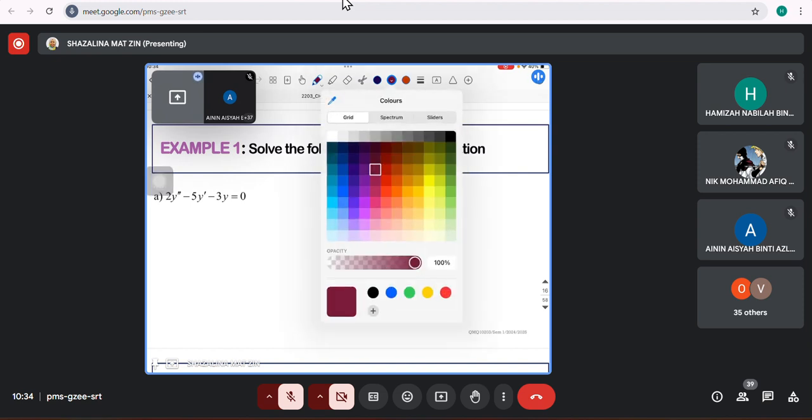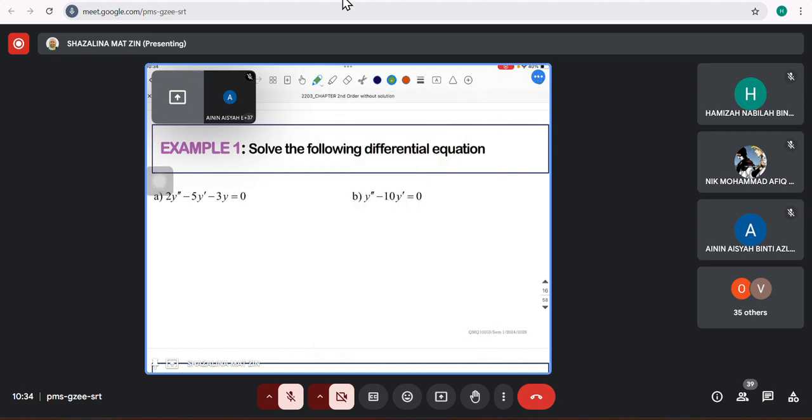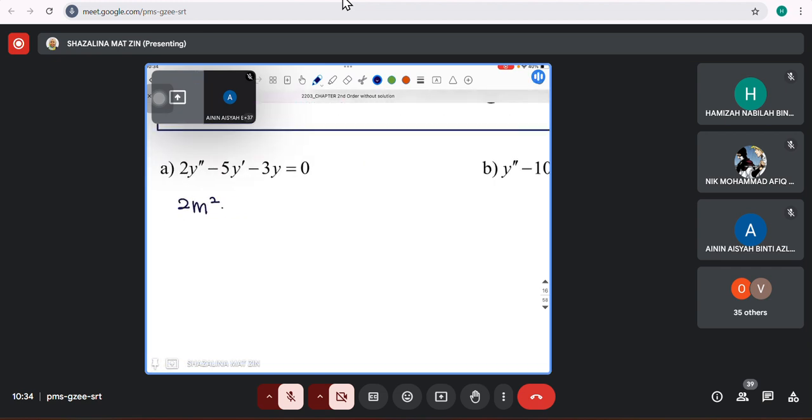First step is substitute y double prime with m square, y prime with m, and y with 1. So this equation becomes 2m square minus 5m minus 3 equals to 0.